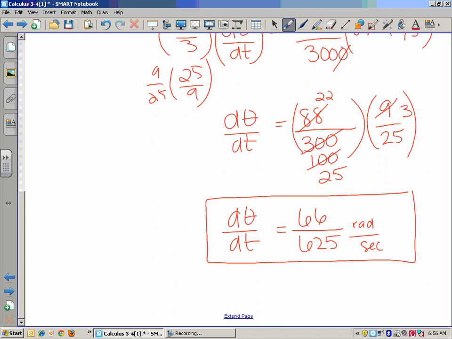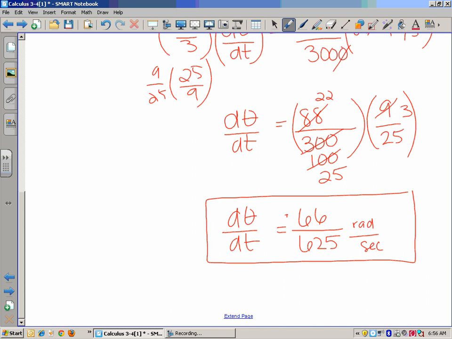Now, one of the things that's important to note is we do trig in here in calculus. Trig is only done in radians, which is why I say radians per second, or 66 over 625 radians per second. And the reason is, notice this is a positive value. That's good. But in Calc, trig is only done in radians.